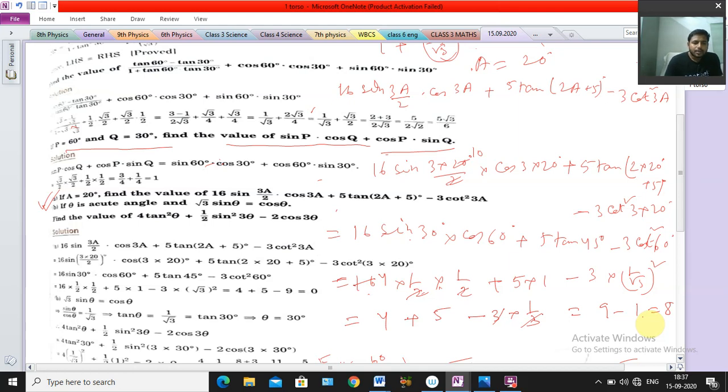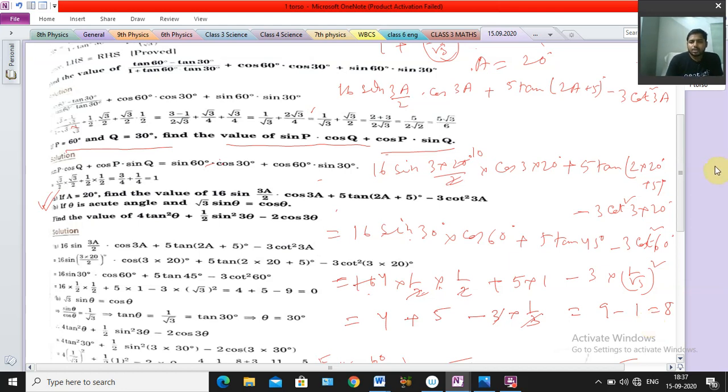Clear or not? So that is the answer. Okay, that is the answer. Cot 60, no? Cot 60, yeah, cot 60 means 1 by root 3 only.